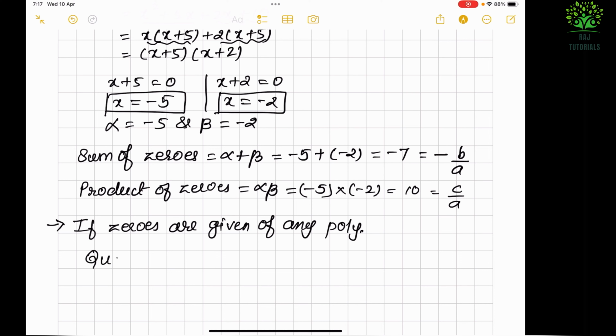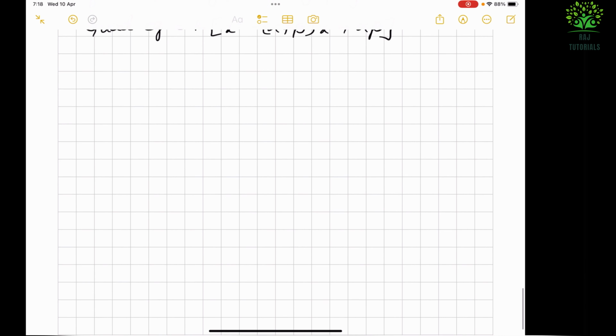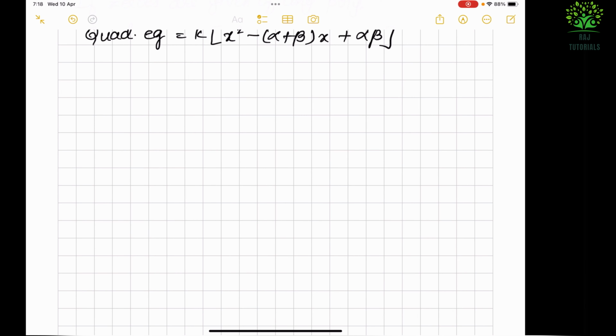So the quadratic equation will be k into x square minus the sum, that is alpha plus beta, x plus alpha beta. Here k is a constant because I can get more than one equation with the same zeros. So the sum of the zeros is alpha plus beta and the product of the zeros is alpha beta. Now let us see this with an example.